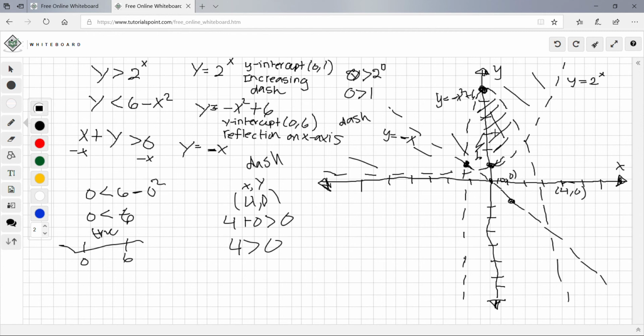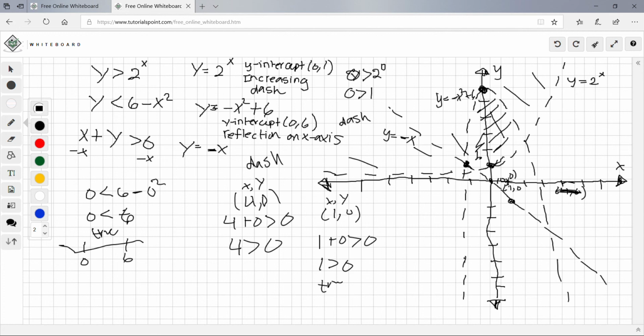Actually, let's not use 4, let's use 1, 0. So 1 plus 0 greater than 0. So is 1 greater than 0? True. And we got it from here. If we use 4, 0, it wouldn't matter.